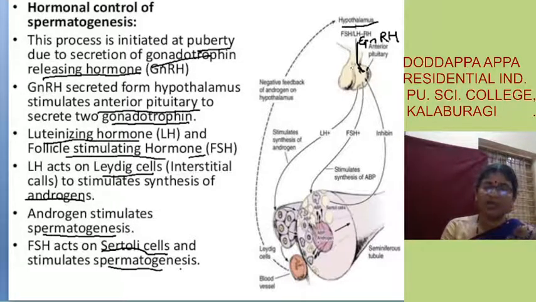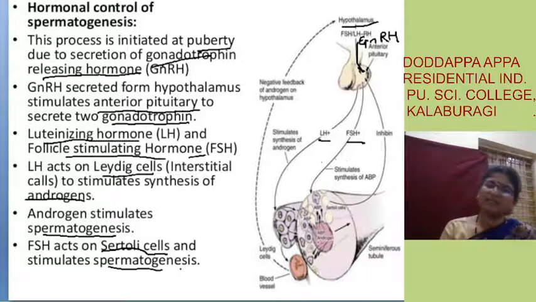Only two hormones are stored in the posterior pituitary. Hope you remember. So this anterior pituitary will secrete mainly two gonadotropins, that is LH and FSH. FSH will induce spermatogenesis and LH will induce the androgen production in the interstitial cells.